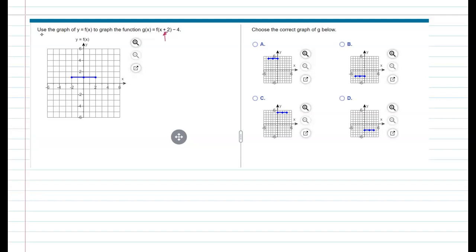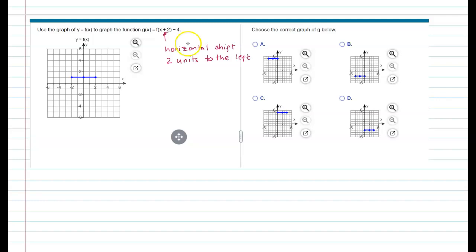That means that there is a horizontal shift of 2 units, because this is plus 2, 2 units to the left. So if it's positive, that is to the left.